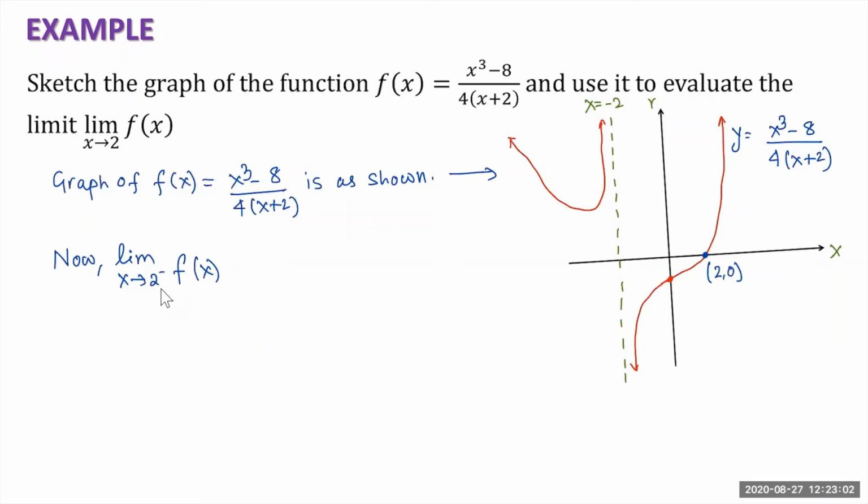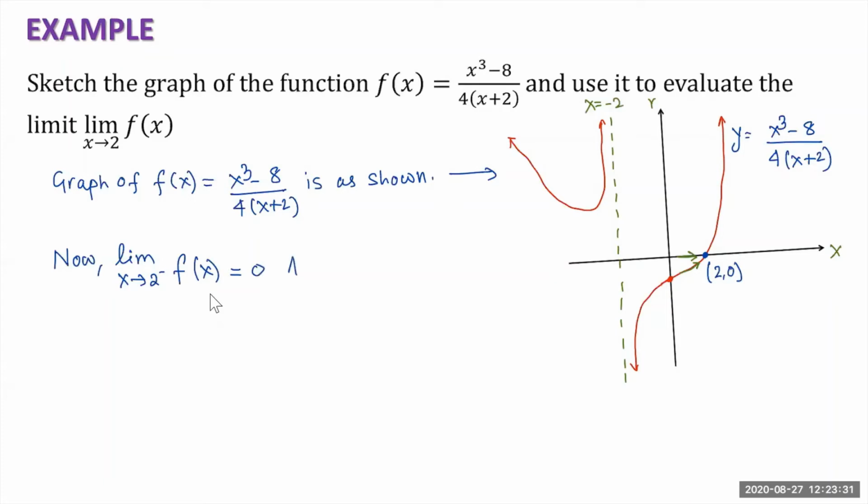When x goes to 2 from this side, from the left, the graph is going up like this. The value of the function approaches 0 when x approaches 2. So the limit as x approaches 2 from the left of the function is 0.